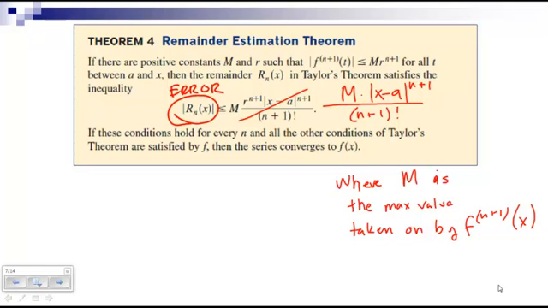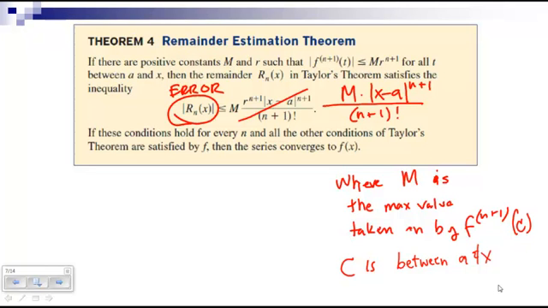Okay, let's call that for C, where C is in the interval, or is between a and x. Yep. So this gives us the ability to say, given a Taylor polynomial, how good is the estimation?